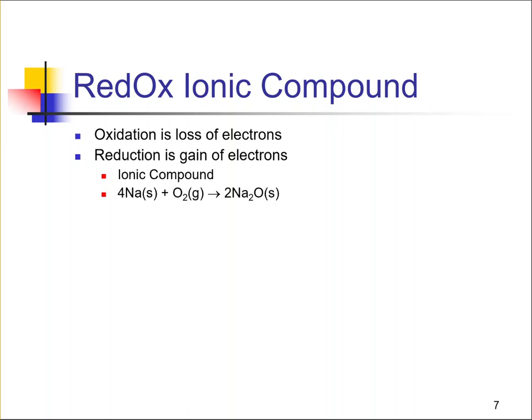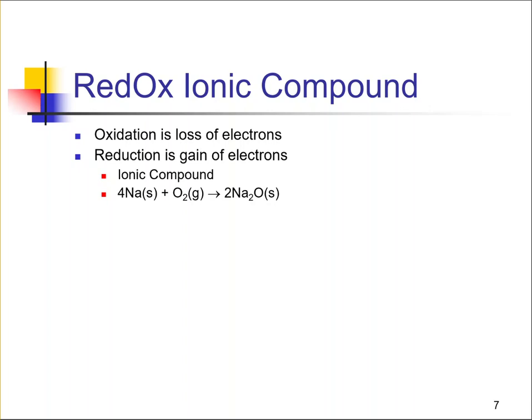When given a chemical equation, you want to assign the oxidation numbers for every single element of a compound, and then see if, going from reactants to products, there is any change in the oxidation numbers or not.